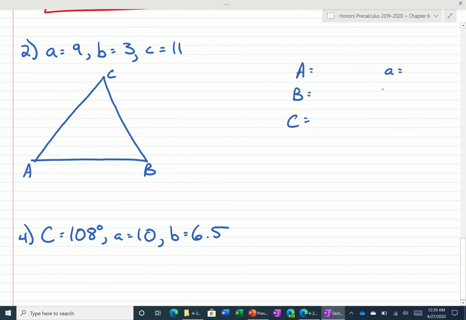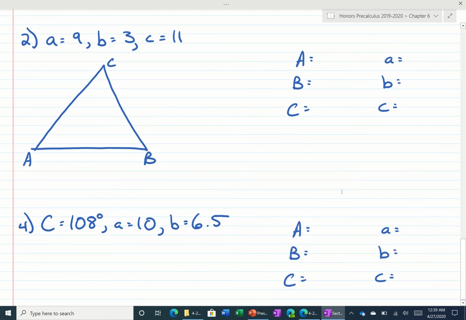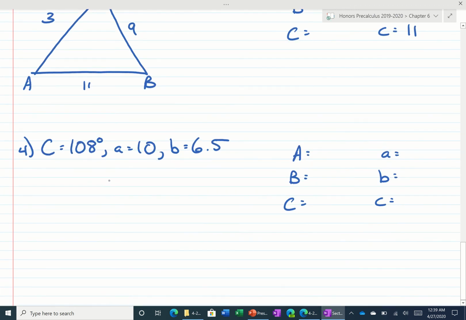I'll do the same thing for this triangle. I'll just set both up while I'm doing this. So it looks like we have 3 different letters, which means we're automatically law of cosines.